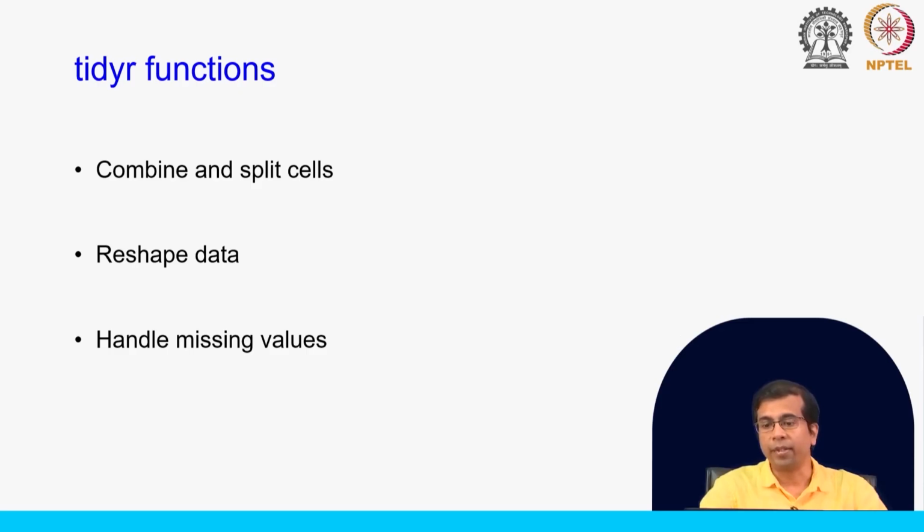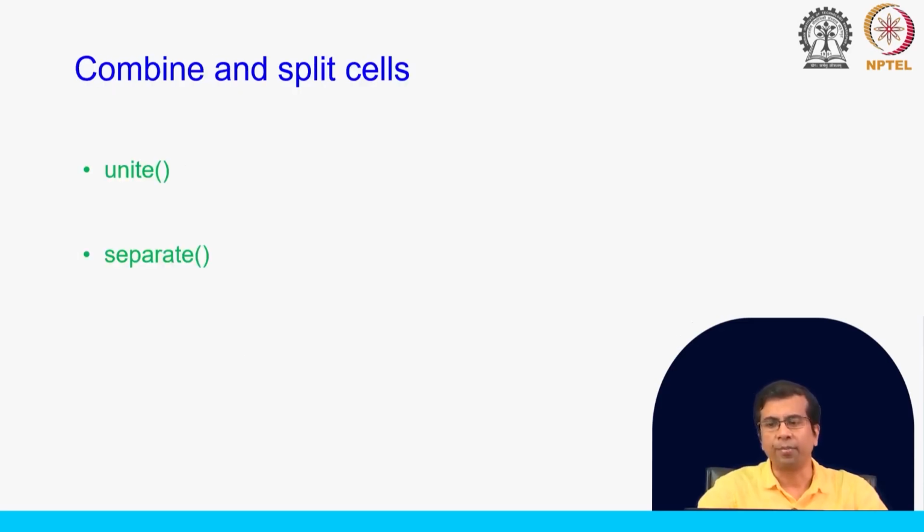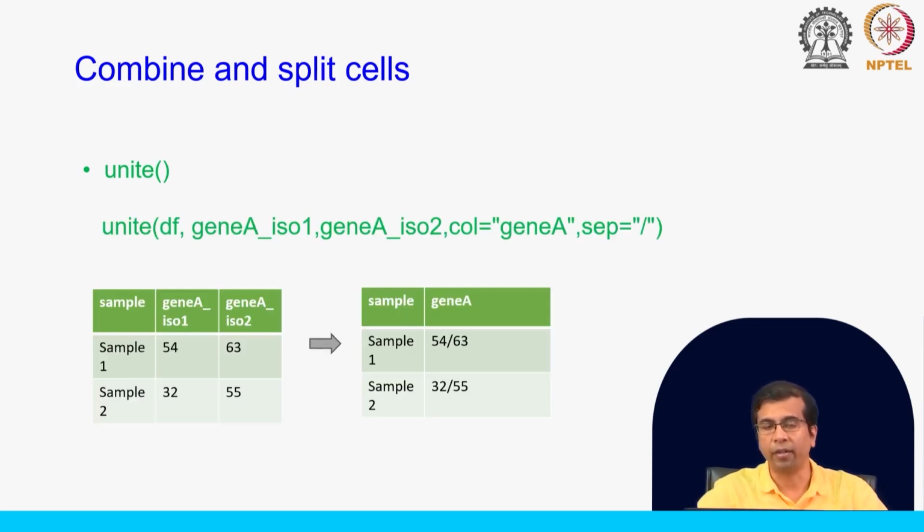So, the first part, right, the combine and split cells, we can use the commands unite and separate. Again, I will demonstrate this, but just to briefly mention what these are. The unite function can merge columns, right. So, it can unite columns.